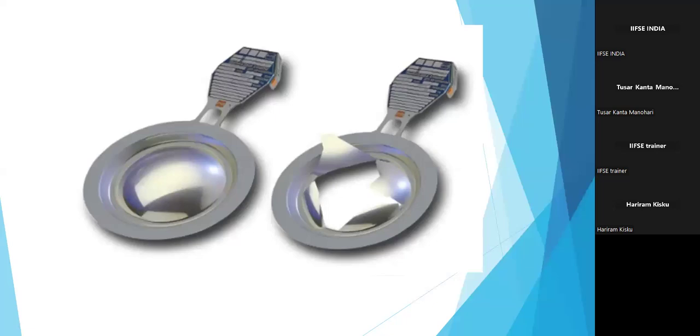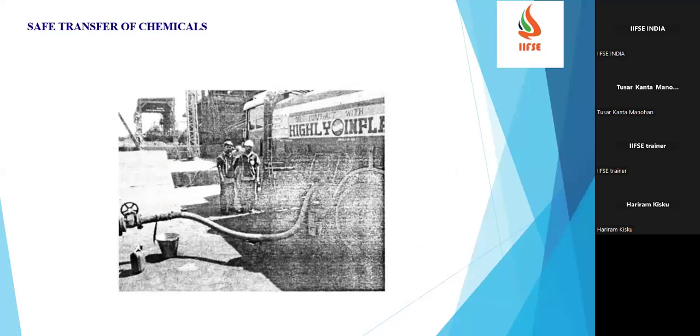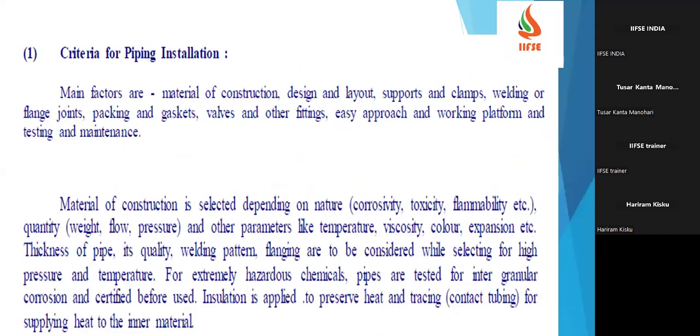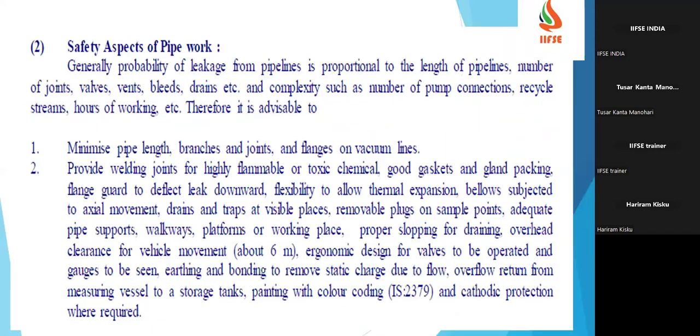So we discussed the rupture disk, what it is and how it looks. Then we discussed the safe transfer of chemicals, and that the pipeline is one of the options. Then we discussed what safety aspects must be considered while transferring chemicals from one place to another by pipelines.